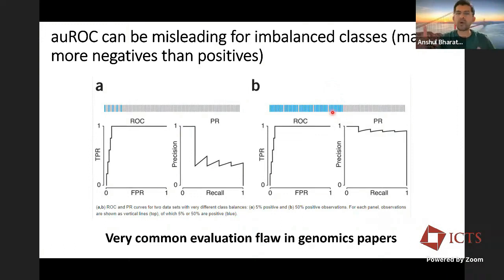Because that's what you want. You want most of the positive examples to be ahead of the negative examples. So if you're making predictions and then doing some kind of downstream experiment or analysis, as you go down the rank list of predictions, from the topmost prediction and the next one, you're getting mostly correct positives.